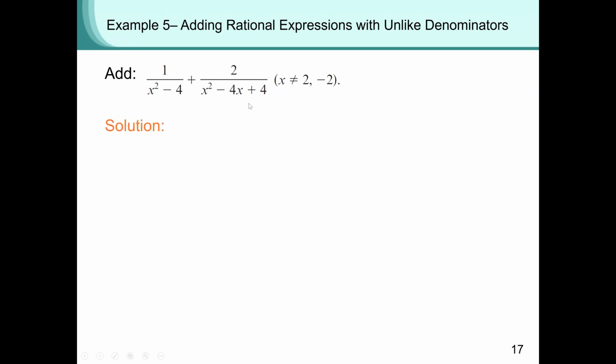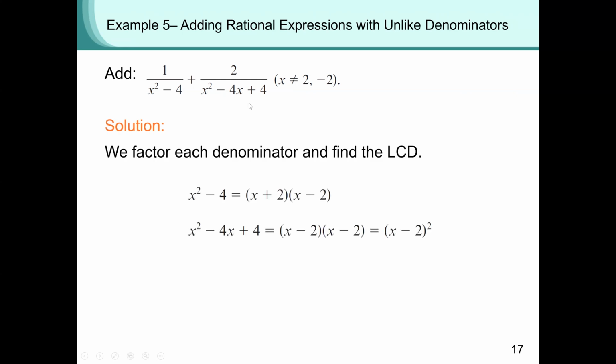We can also factorize it. So we saw that x squared minus 4 is x plus 2, x minus 2. Then when we factorize x squared minus 4x plus 4, we get x minus 2 and also another x minus 2. Because this is a perfect square to give me x minus 2 all squared.